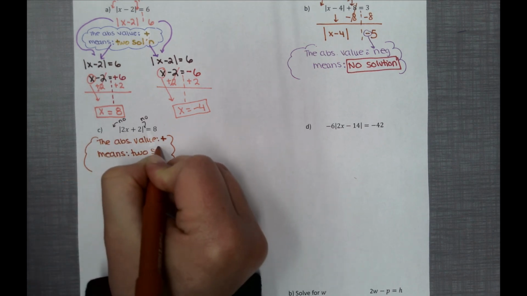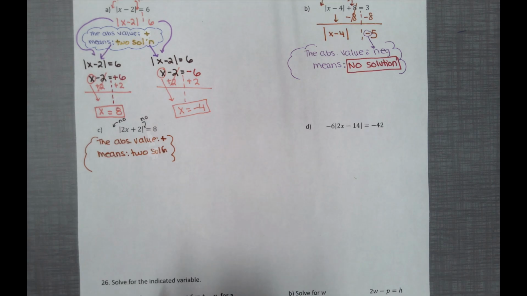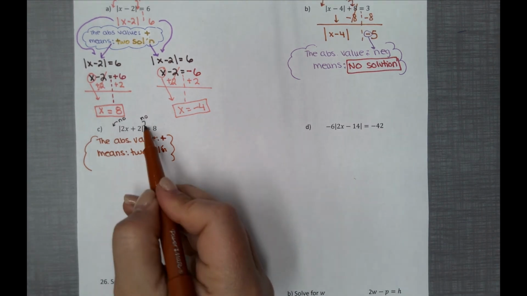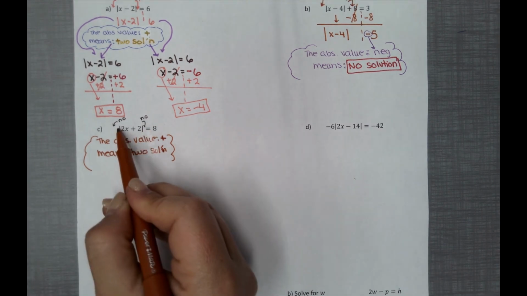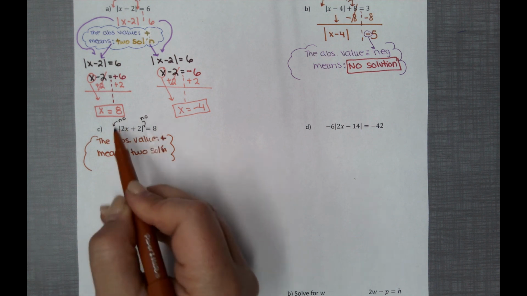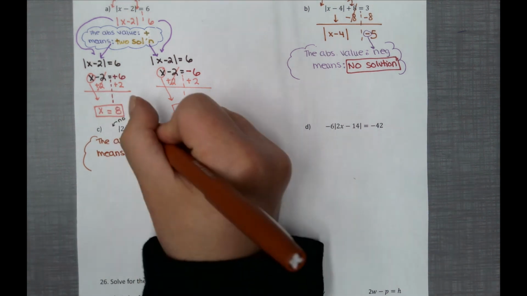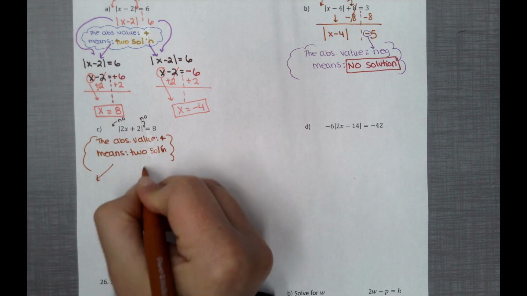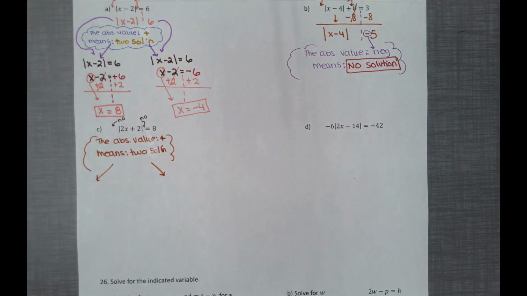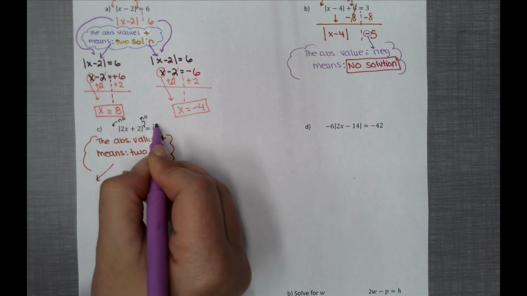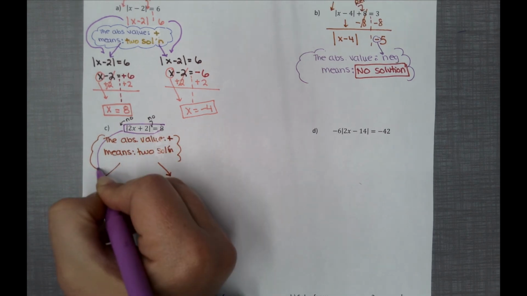The only reason I'm able to do that, do I have something behind it? Do I have something in front of it? So I don't have anything on the outside. So when I do my thinking bubble, I'm going to have two solutions, two arrows. Copy down the last math that we have, which is the original equation, because I did not have anything on the outside.